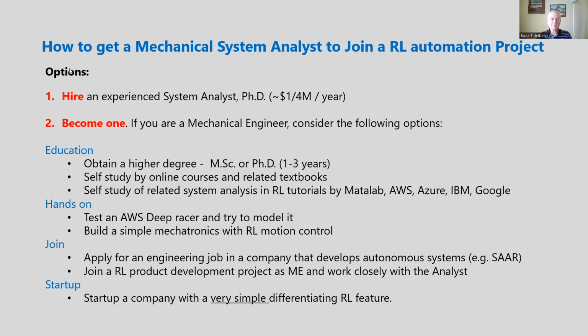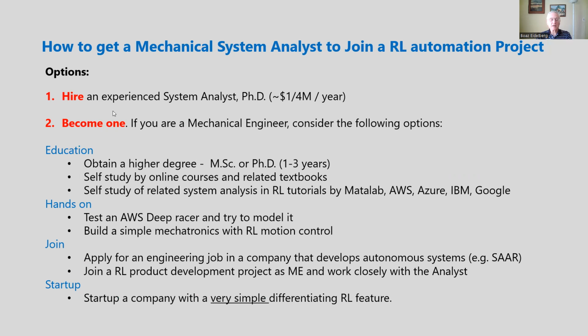So the options are: one, to hire an experienced system analyst, PhD. And this is an estimated cost of $250,000 a year. They work for highly developed, very large companies, and hard to find.